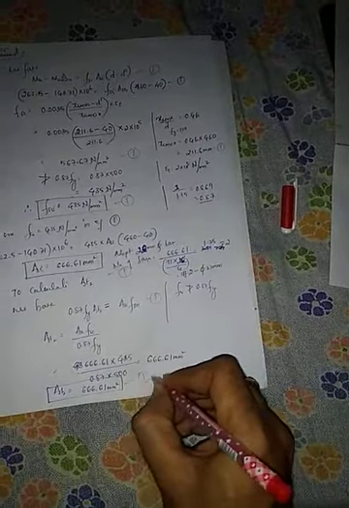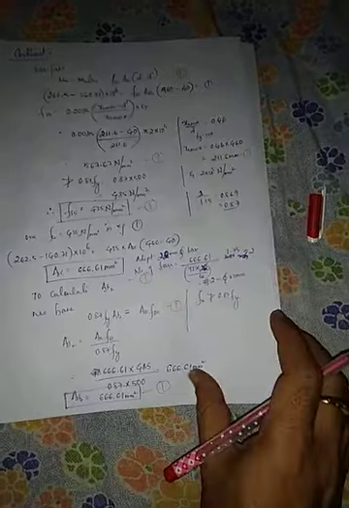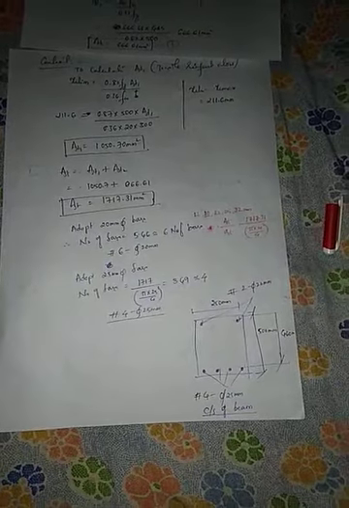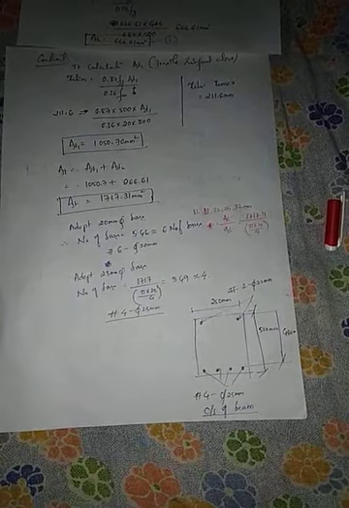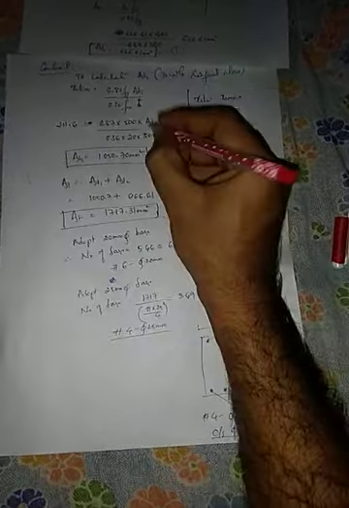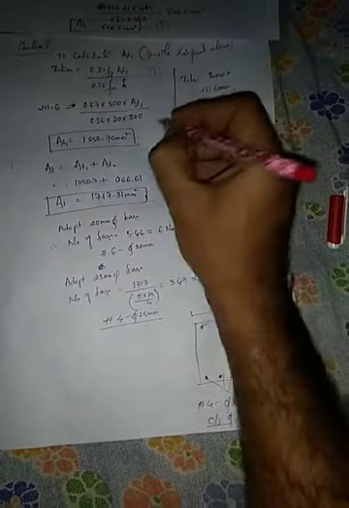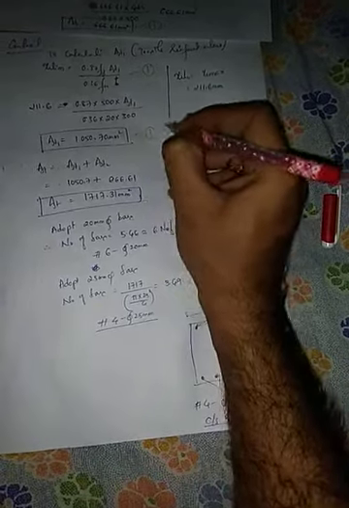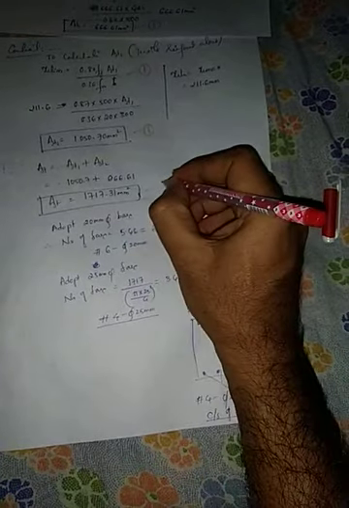For this calculation it will be 1, and then how many? 4, 5, 6, 7, 8, 9, 10, 11, and for this formula it will be 1, 12, 13.